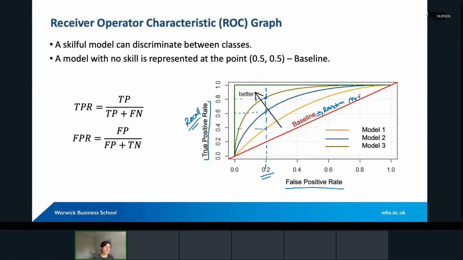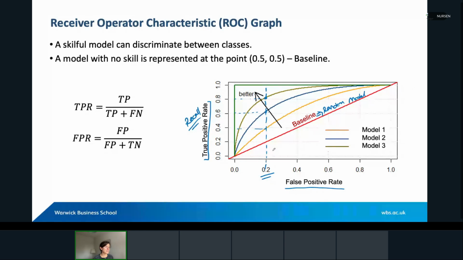A random model means we randomly classify customers as responders or non-responders. So assume that this company is sending marketing promotions randomly. They don't use any machine learning model. They just randomly select customers to send the marketing promotion. And this is the performance of the random model. It goes through the diagonal line.